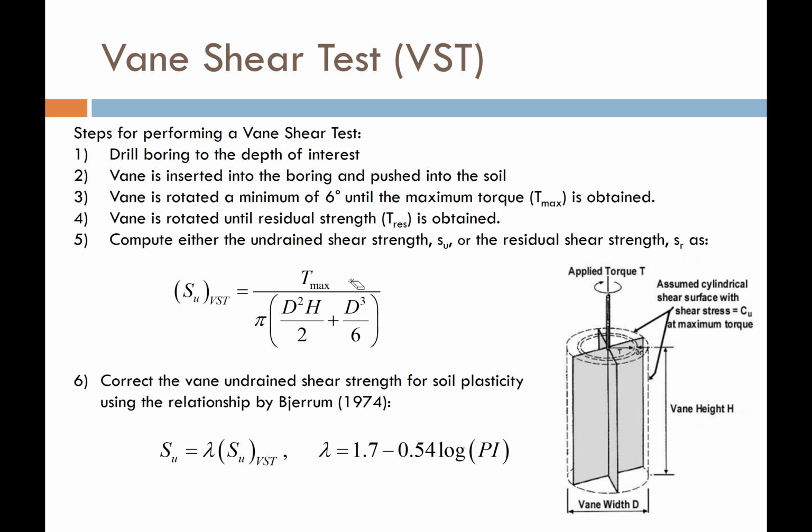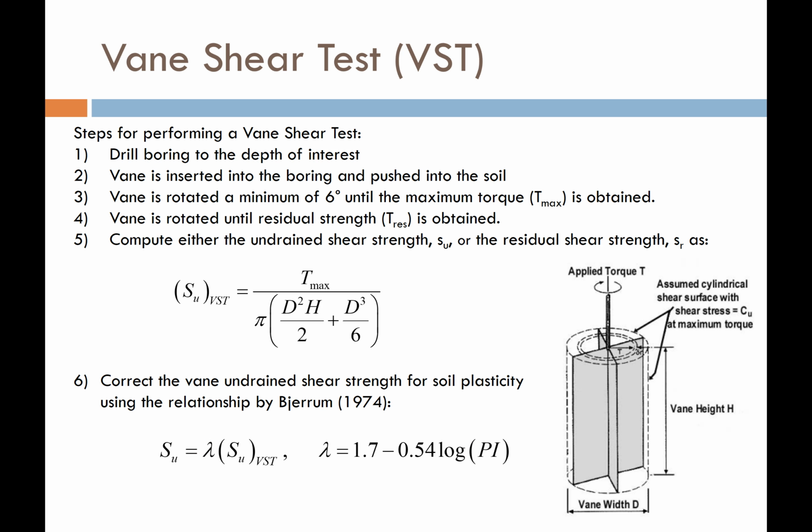Now, a Scandinavian researcher, Bjerrum in 1974 published a paper, and he showed that the plasticity of a clay can impact the shear strength that you measure with this Vane shear device. And so he proposed a correction factor, lambda, that is a function of the plasticity index that we compute from the Atterberg limits.